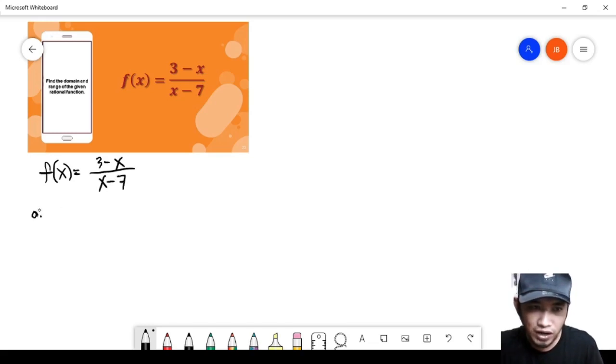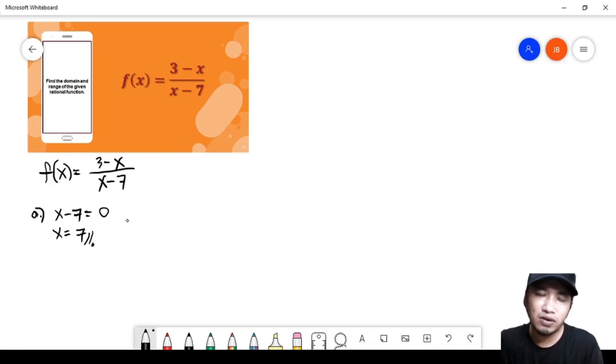Okay, for us to solve for the domain, we will equate the denominator into 0. So x minus 7 is equal to 0, and that is x is equal to positive 7. Okay, so meron na tayong domain.